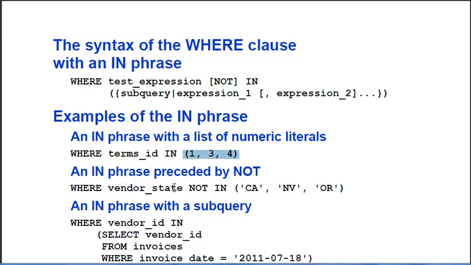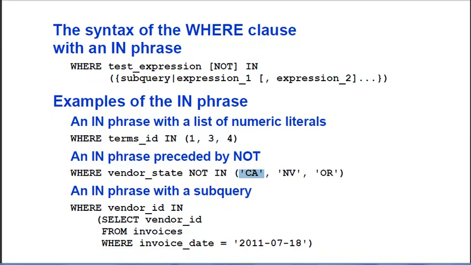So, for example, retrieve only values if in the terms ID column, the values are 1 or 3 or 4. Or if we are enumerating characters, strings, we would enclose those in quotes. This is an interesting addition, very, very useful.